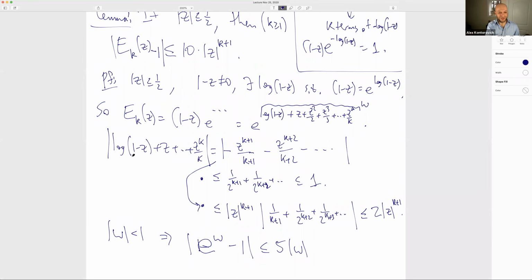And the other bound that we have for W is that W is at most 2 norm z to the k plus 1. So the first bound is here, the second bound is here, and that's what we wanted to show. Any questions?